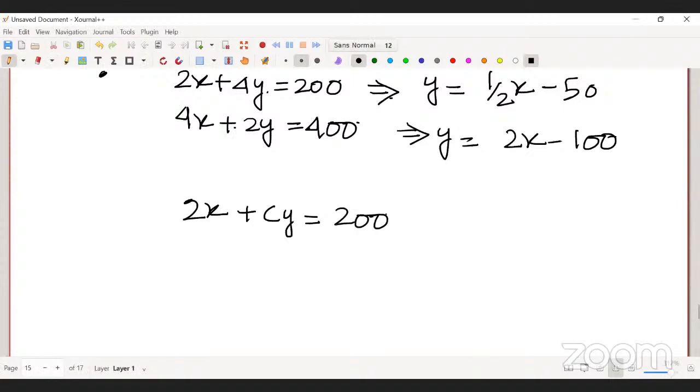And Gaurav bought 4 kg potato and 4 kg dal, so 4x plus 4y, and he paid D. So I guess this is the equation.